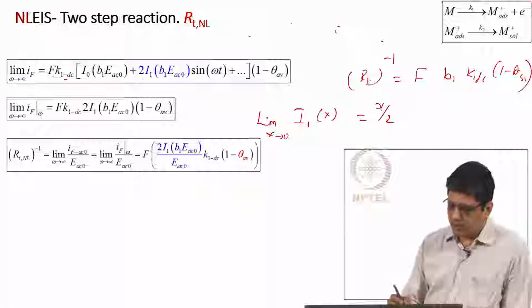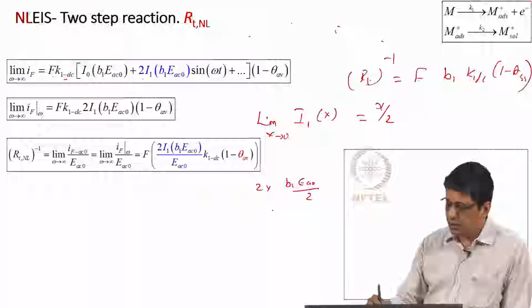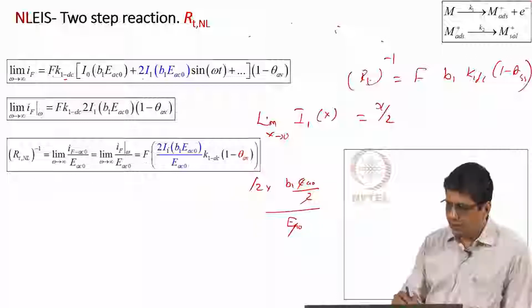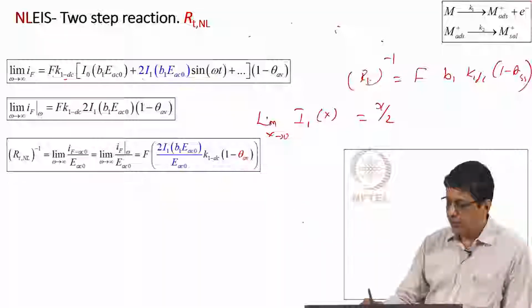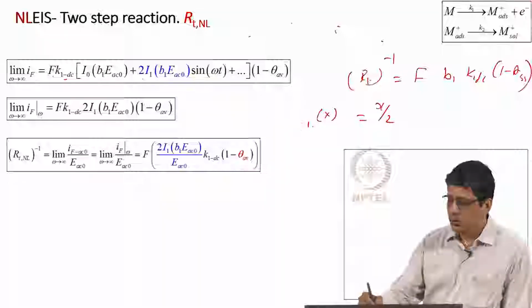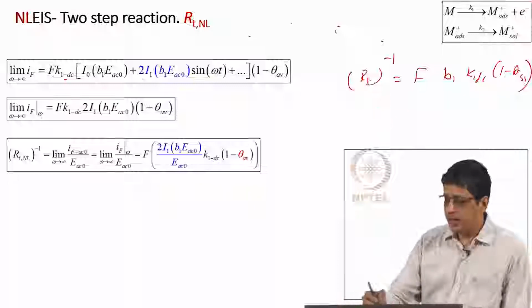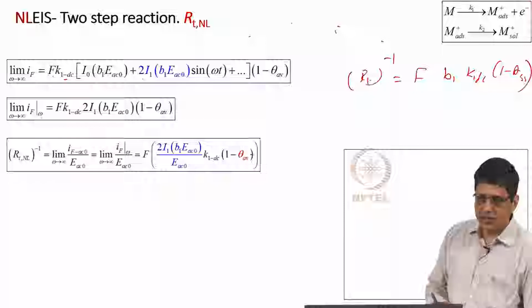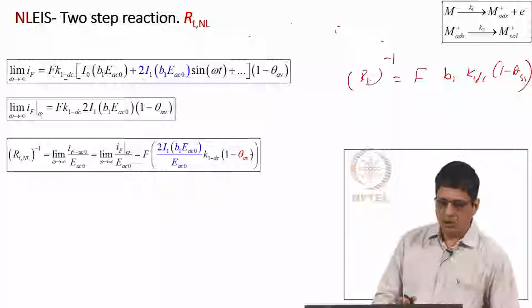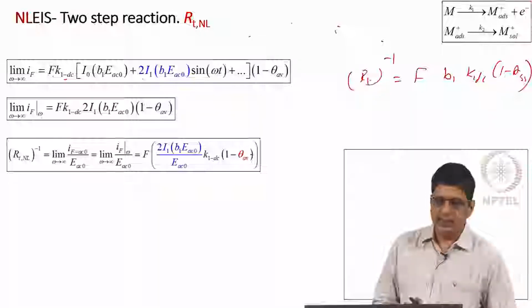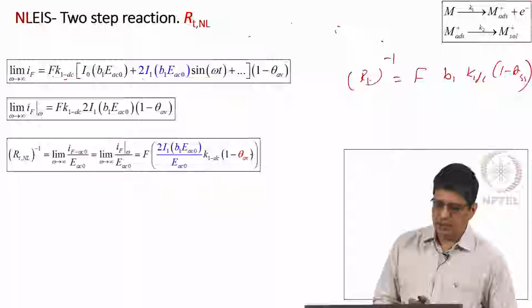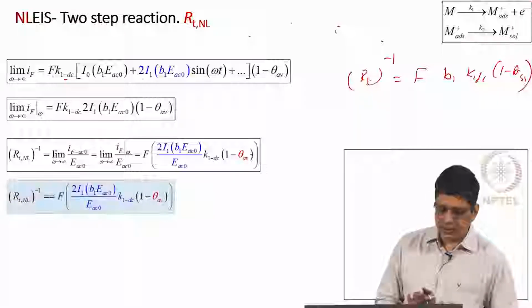When EAC is small, it is going to be 2 multiplied by B 1 EAC 0 by 2, and of course, if I take the denominator, this term given in the blue color will tend to B 1 in the limit of EAC 0 being a small value, and theta average will tend to theta s s when EAC 0 is small. So, you can see this expression will reduce to the familiar expression when EAC 0 is small. When EAC 0 is large, this is what you should use to predict the charge transfer resistance.